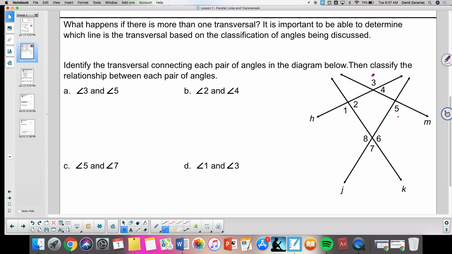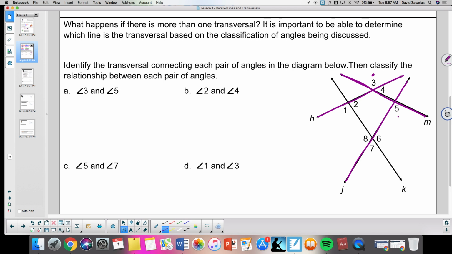So angle 3 gets created by line H and by line M. Angle 5 is also created by line M, but also line J. So in this case, line K is pointless for problem A. We're not looking at line K at all when we're talking about angles 3 and 5. We're just looking at H and J, making M the transversal.